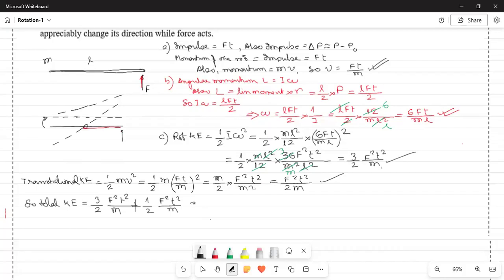So this is, of course, equal to 2 F square t square by m. So this is answer C.